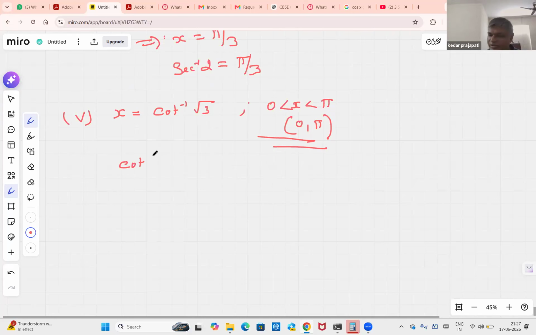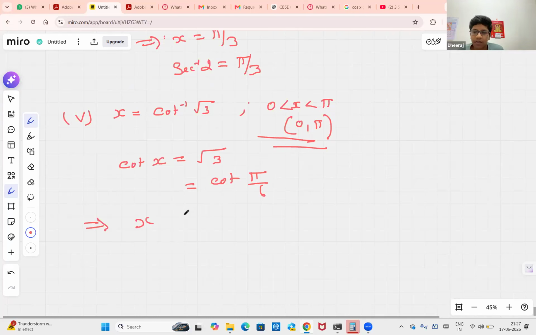These are easy. Now cot x equal to root 3. How much will this be? Pi by 6. So this implies x is equal to pi by 6, right?